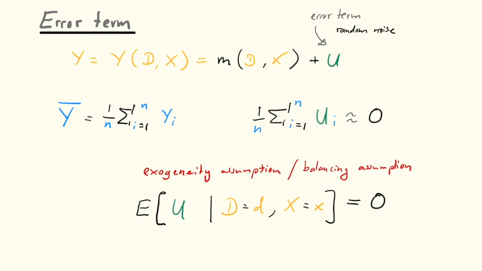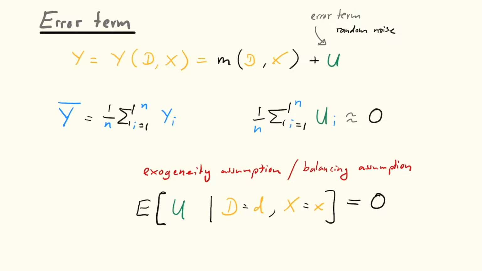For example, if a class has a particularly clever student, that would enter through U. We said U is like random noise, but that's not very helpful for understanding U economically. For every given classroom, U is not random at all. It's just one facet that describes the circumstances in the classroom. Random noise just means when we compare these circumstances between classrooms, they seem random.